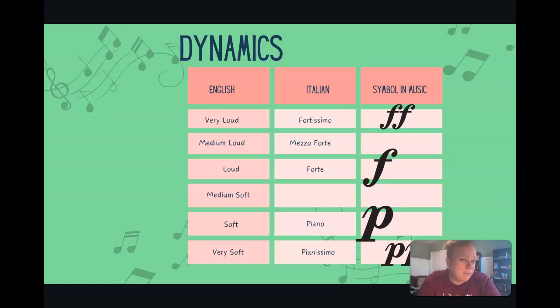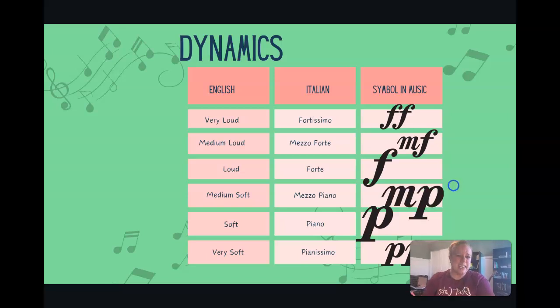So you have to be really careful because mezzo means like half done, right? So mezzo is medium, medium loud, mezzo forte. In the music, you're going to see that as MF. And mezzo piano, you're going to see that as MP.